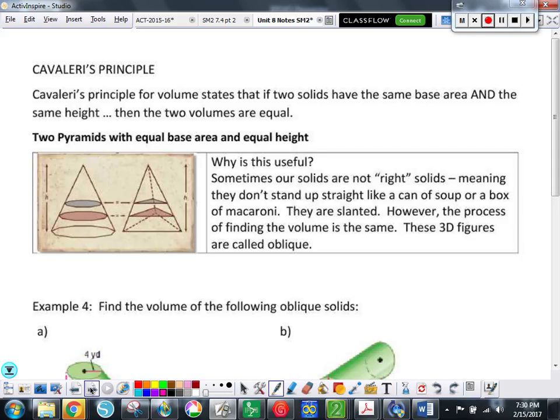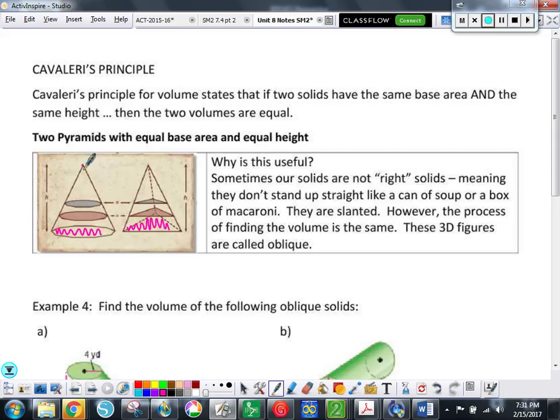So Cavalieri's principle is saying that if you have two figures that have the same base area, meaning this area right here and this area right here has to be the same, and the top area is the same.